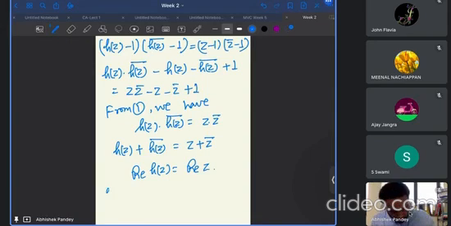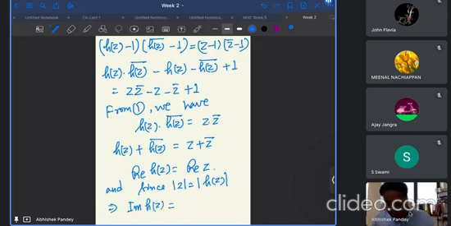And since mod of z is equal to mod of h(z), it means that imaginary part of h(z) is nothing but plus or minus imaginary part of z. So is it clear to everyone?